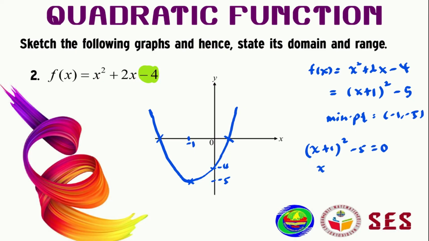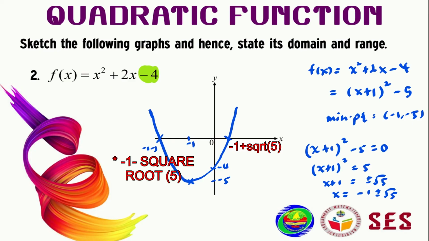Solving this gives (x plus 1) squared equals 5, so x plus 1 equals plus or minus root 5, and x equals -1 plus or minus root 5. We can write this in decimal as well, or just leave it like that. We choose to keep it in that form. So this one is -1 minus root 5.